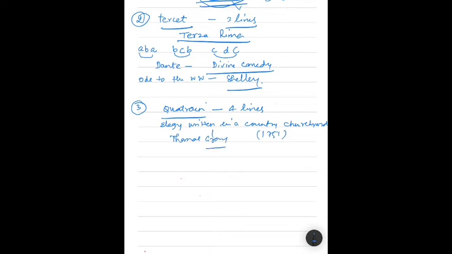This is a poem written in quatrains. And you'll find out actually the quatrains are used by the poets very often.